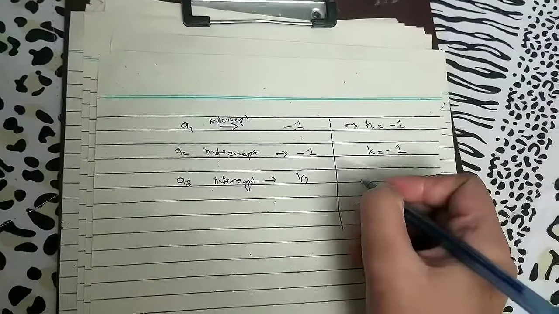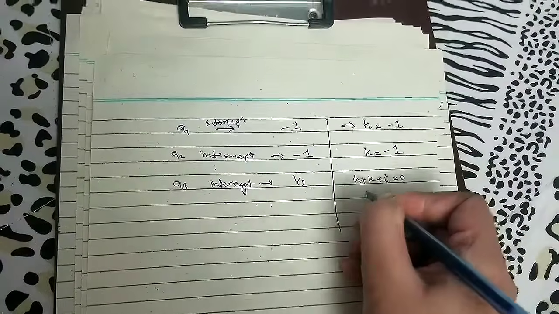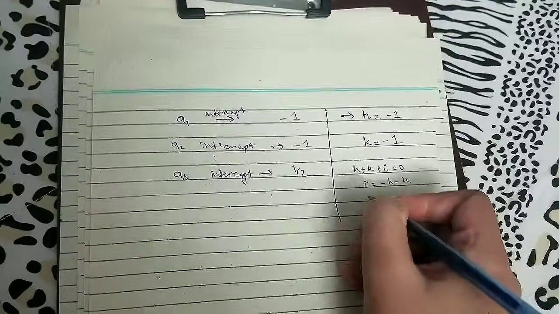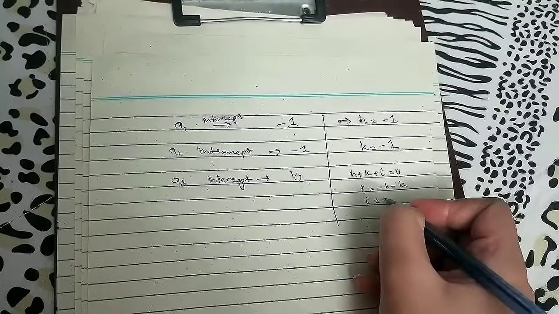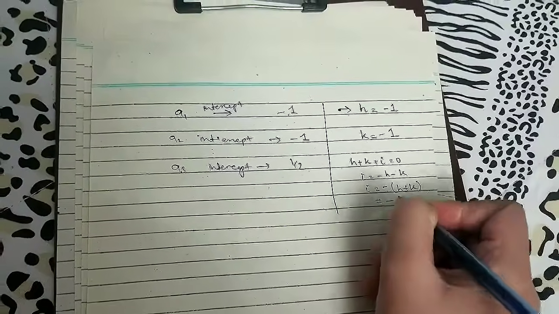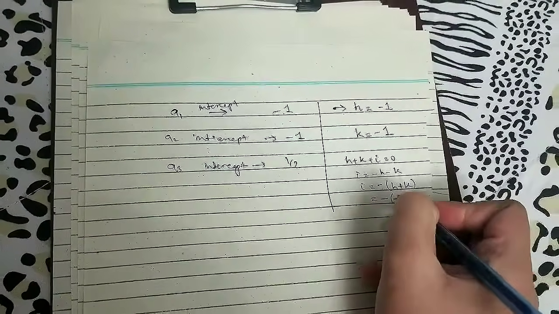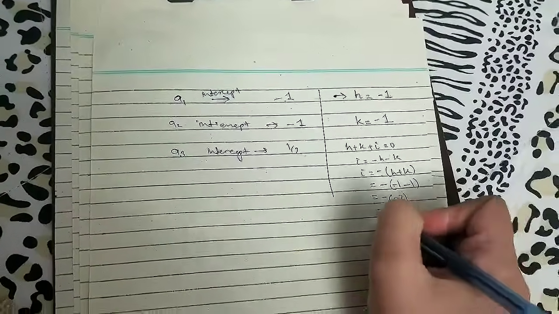Now we want to find the value of i, and for that purpose we'll use this equation, where i equals -h minus k, so i equals minus, taking minus common, h plus k. Minus into h is -1, k is -1 again, so minus into -2 gives us 2.